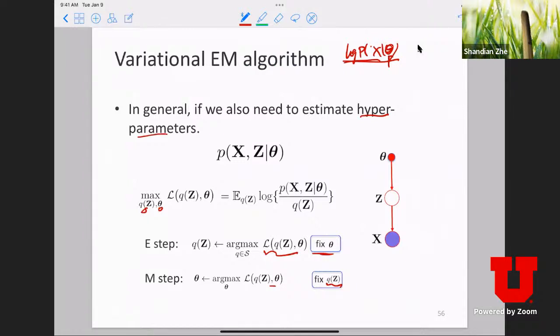Here I want to point out that this is not equivalent to the EM algorithm. The EM algorithm guarantees you're actually maximizing the true marginal evidence. But for the variational EM algorithm, you're not guaranteed to maximize that. You're actually maximizing the lower bound of it, because that is the objective function you're working with. Q of Z usually is not the true posterior, which means your lower bound rarely reaches the true marginal evidence. Does it make sense?